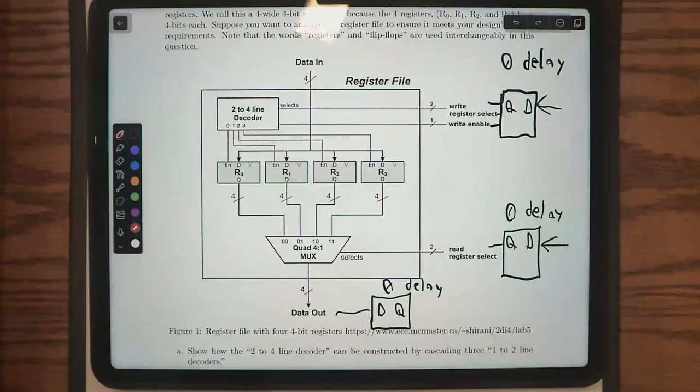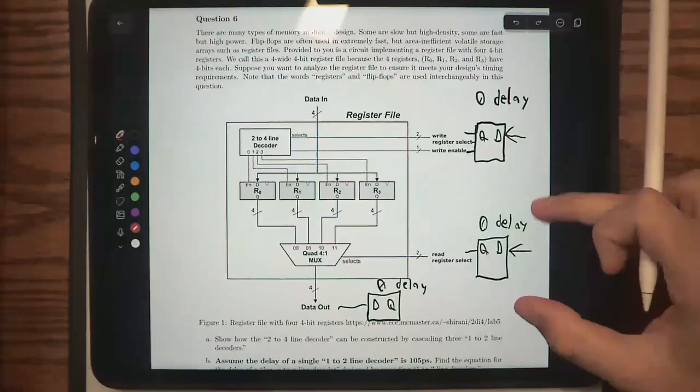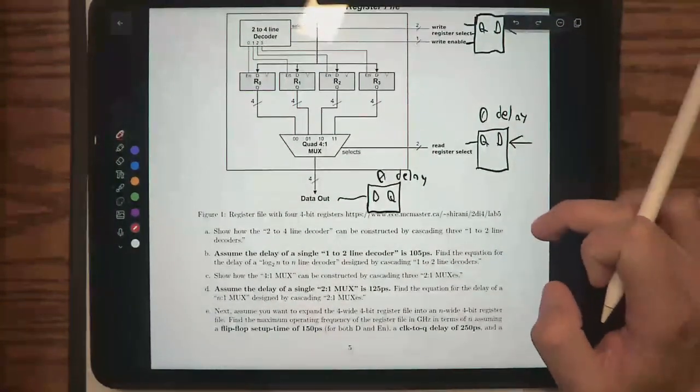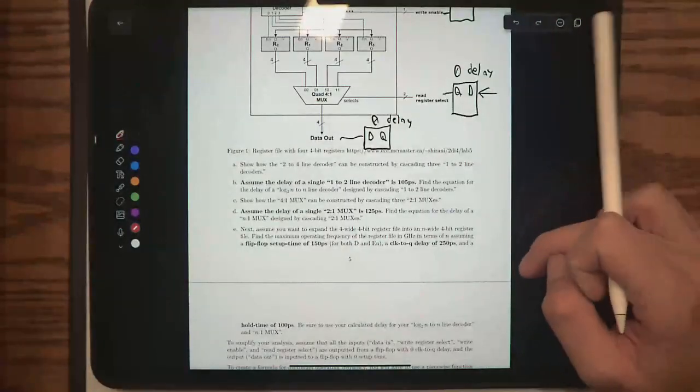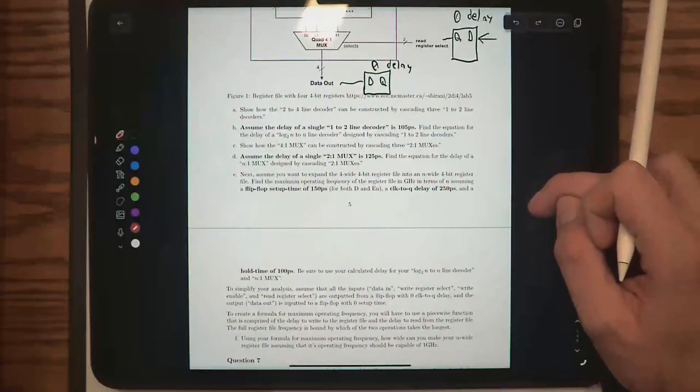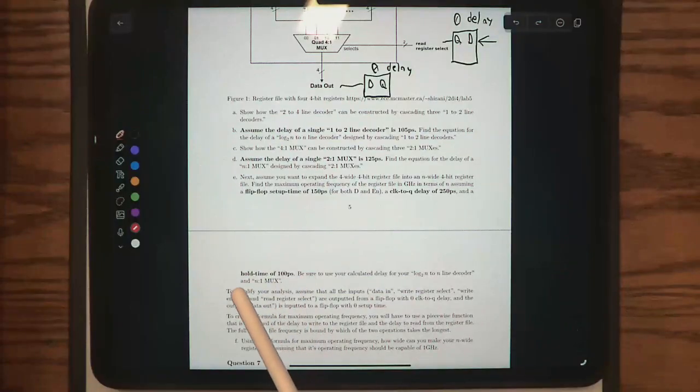What about hold time? Does it mention what hold time is? I don't think so. This question gives 100 picoseconds of hold time.